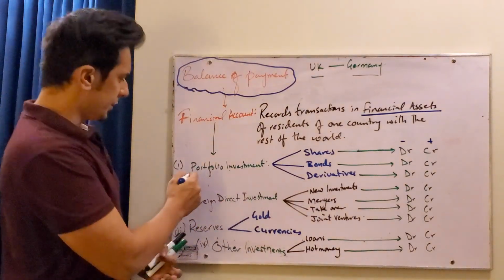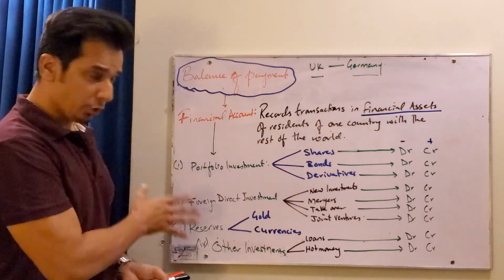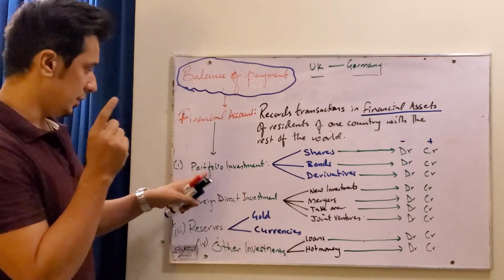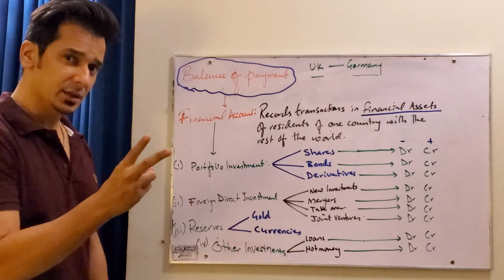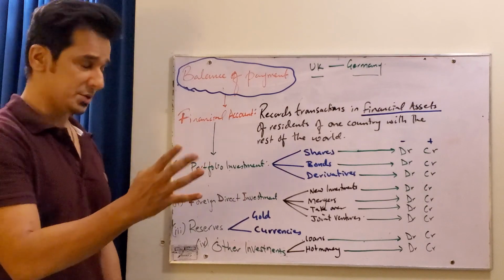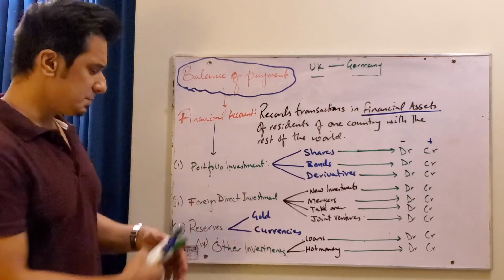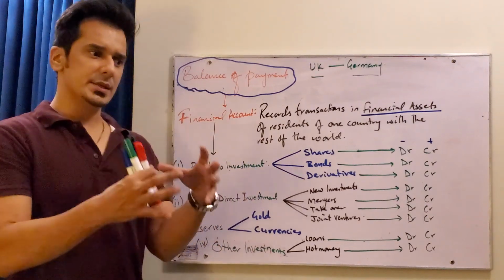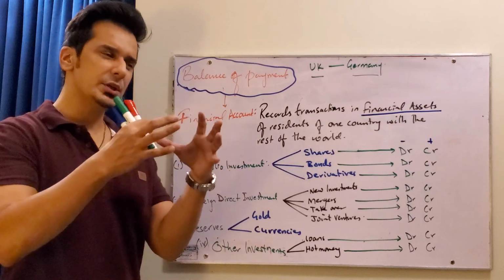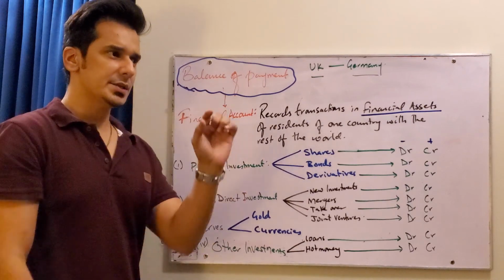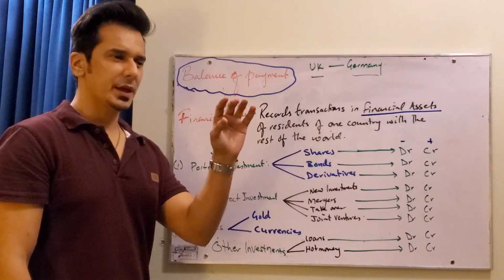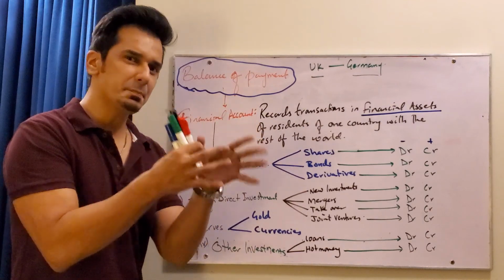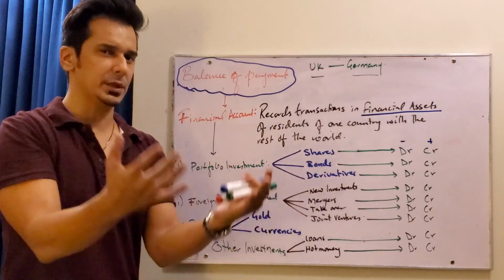So again, there are four accounts in the financial account: portfolio investment, FDI, reserves, and other investments. So what exactly is meant by portfolio investment? Portfolio investment is an investment which is usually not very large in amount, usually less than 10% of the total worth of a company or a firm.